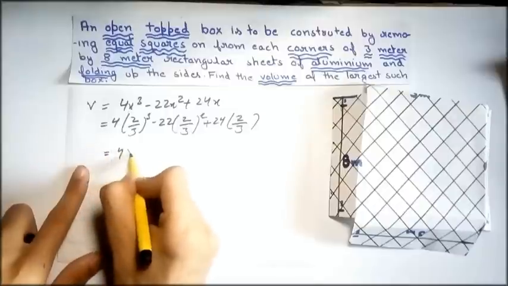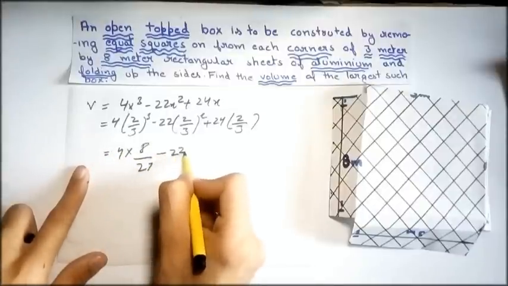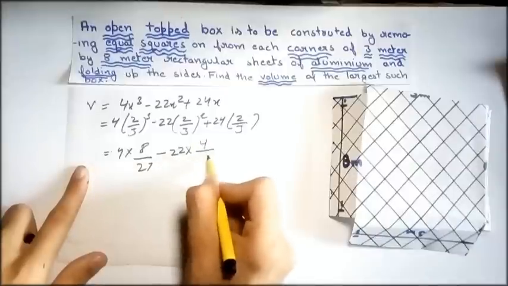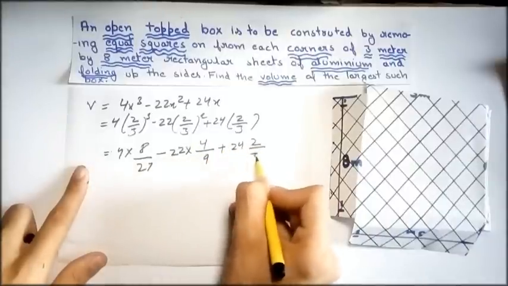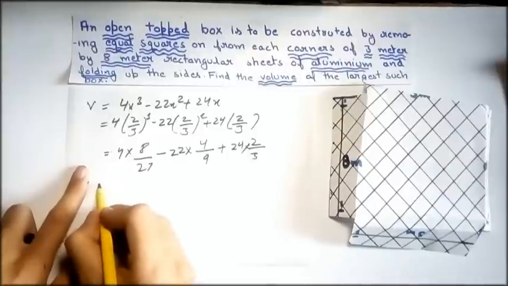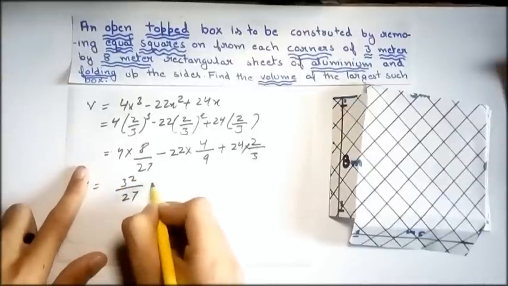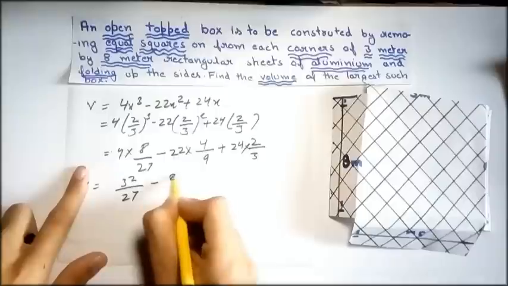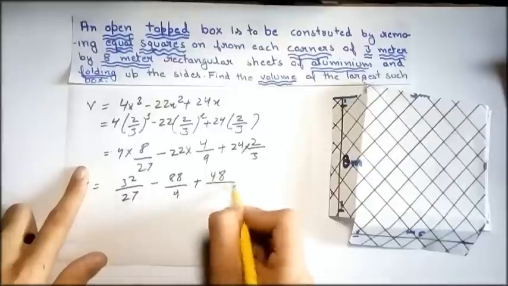Now 4 into 8 by 27 minus 22 into 4 by 9 plus 24 into 2 by 3. So let's solve this, that is 32 by 27 minus 88 by 9 plus 48 by 3.